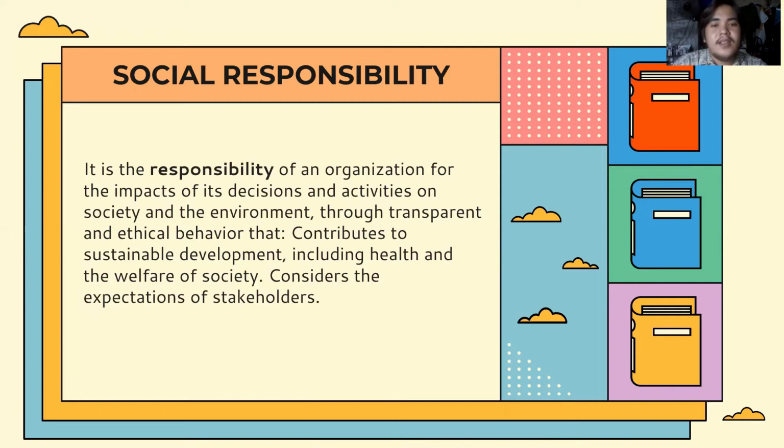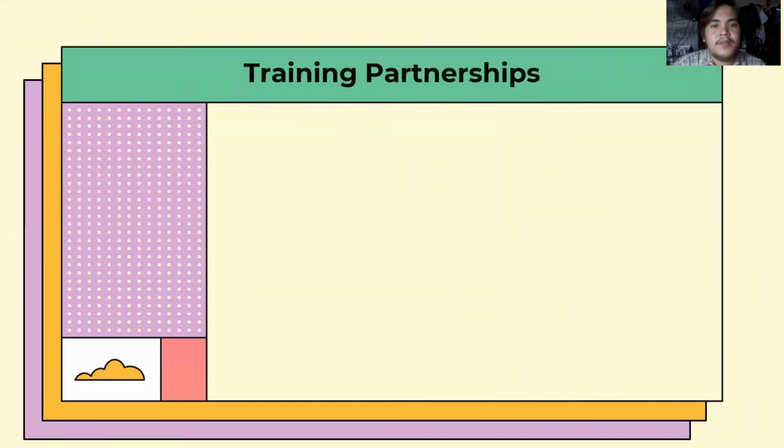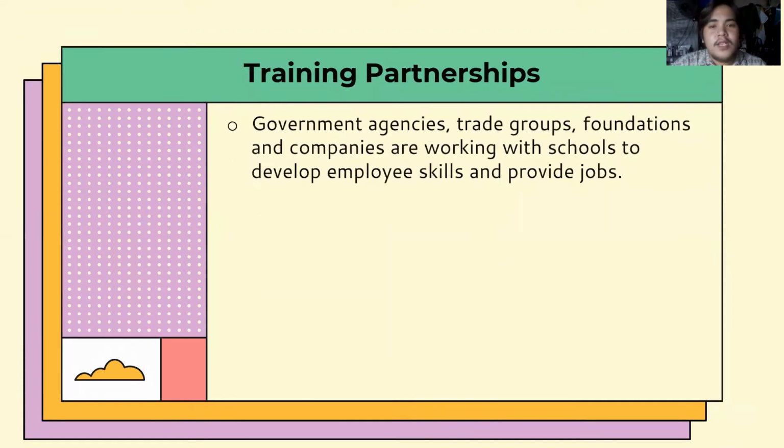Now, let's move forward to training partnerships, which talks about an organization and agencies. Agencies, trade groups, foundations, and companies are working with schools to develop employee skills and provide jobs.